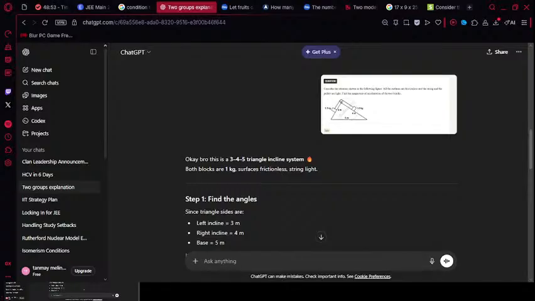4 by 5 sin theta, 3 by 5, theta 1. 1 into 4 by 5 minus tension is equal to mass into acceleration, 3 by 5 minus tension is equal to mass into acceleration.